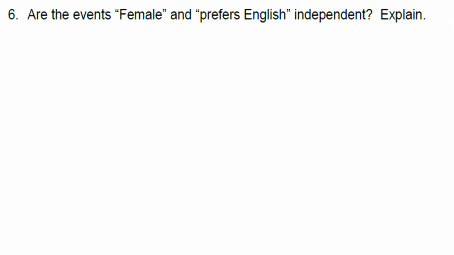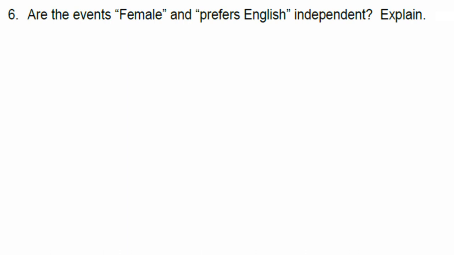Lastly, it says, are the events being female and preferring English independent or not? So what does that mean? It's saying that if I know whether or not a person is female, does that change the probability that they prefer English? Well, based on our results, if we look at being female and preferring English and not being female and preferring English, you can see a difference there.